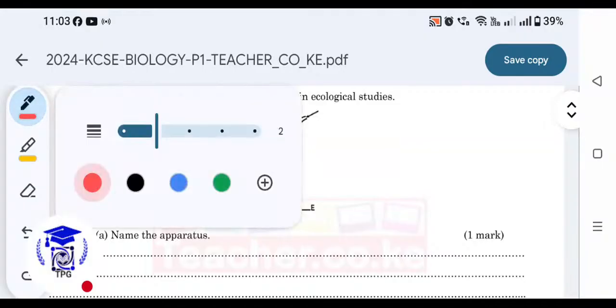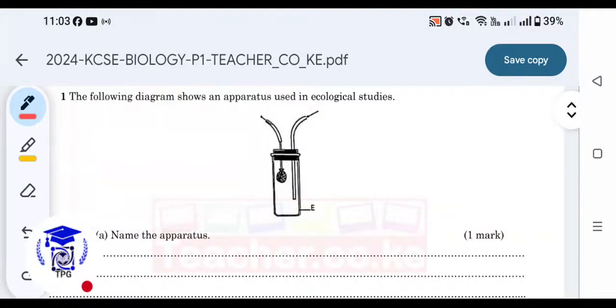Remember, we are collaborating. This apparatus is called a pooter.